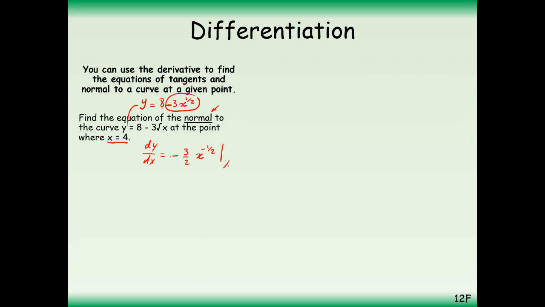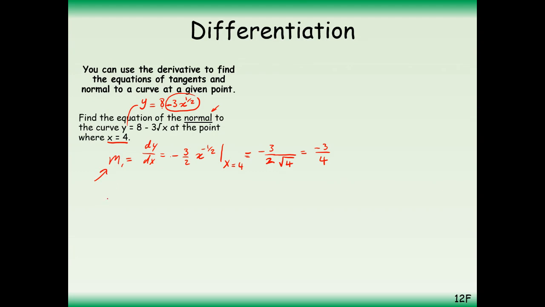We can evaluate that at x equals 4, and we'll have negative 3 over 2, and I'm going to put the square root in the denominator because the power of a half is minus, and this means that negative 3 over 4, because 2 times 2 is 4. So this is m1. Notice this is the gradient of the tangent.